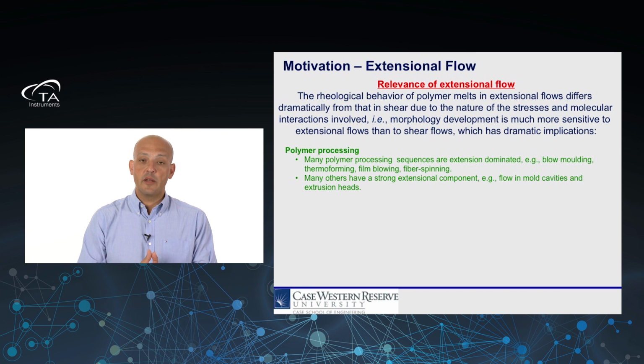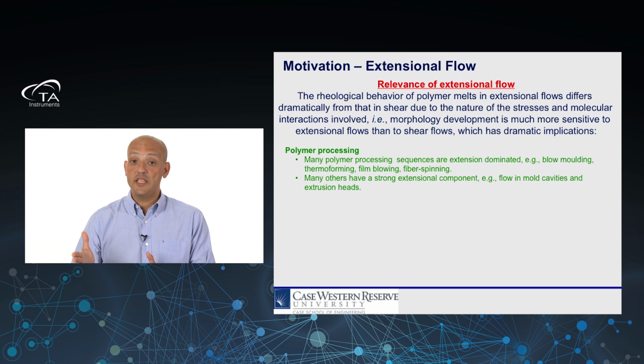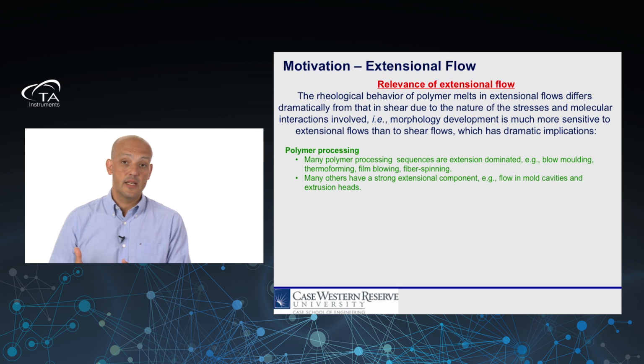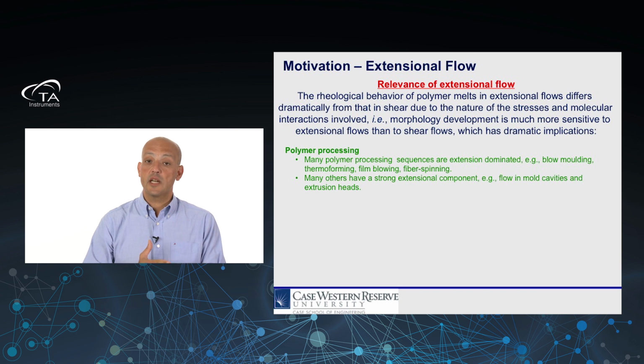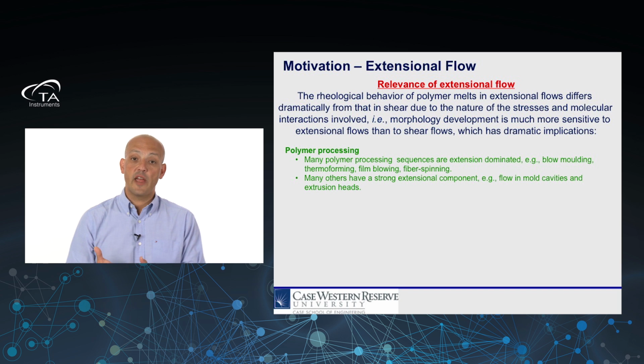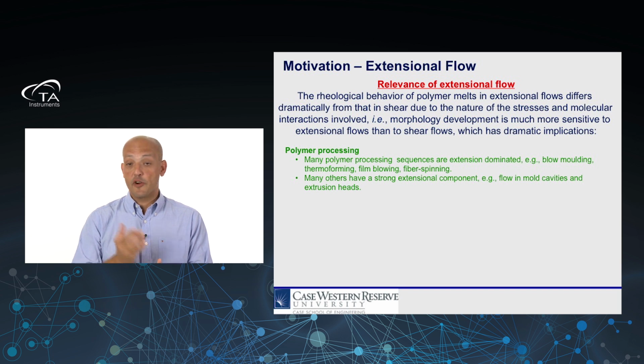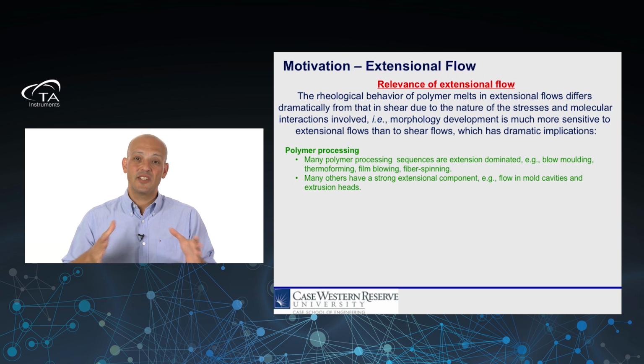For example, in polymer processing operations, a lot of these are extension dominated, and even the ones that are not extension dominated have a very strong extensional component. So, for example, polymer transformation processes like blow molding, thermoforming, film blowing, fiber spinning, these are all processes that are essentially extension dominated.